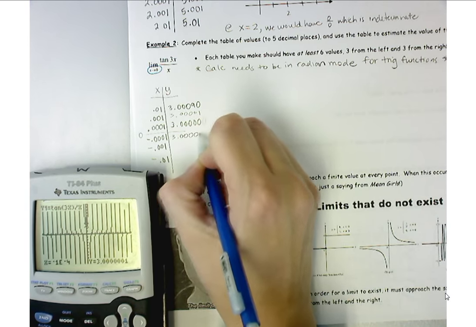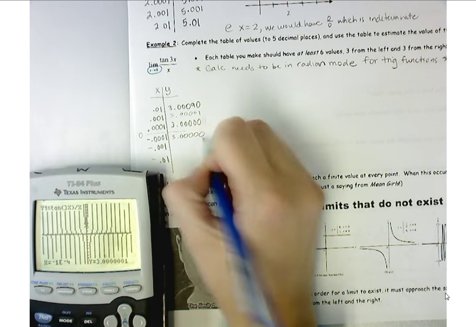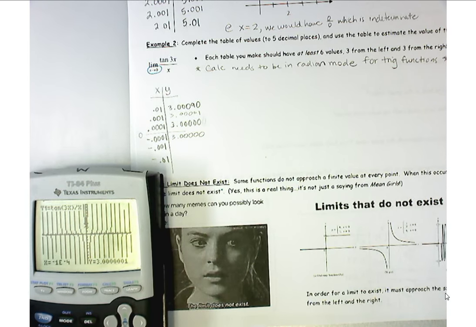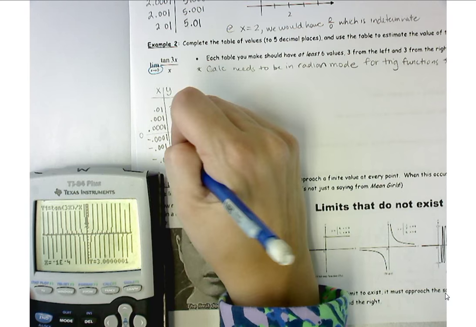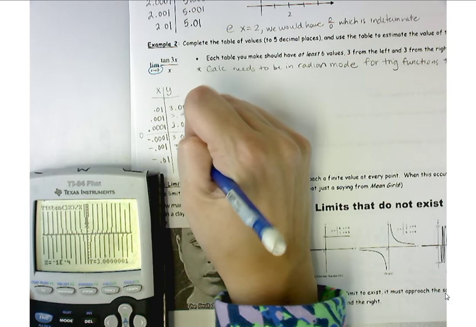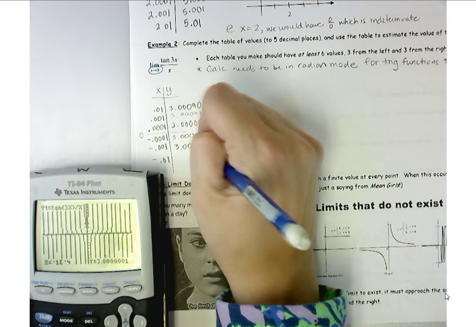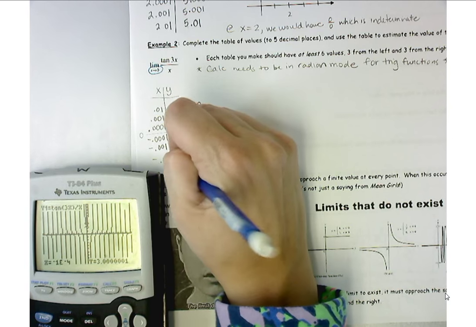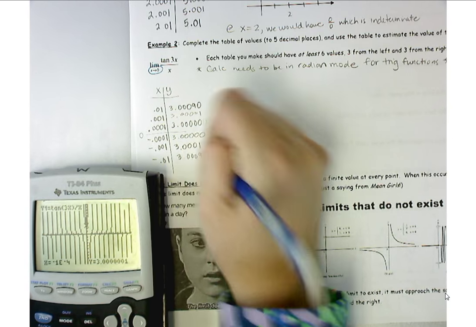So if you just had 3, you would just do 3.00000. For this one, you have 3.0001, and then you have 3.00090.